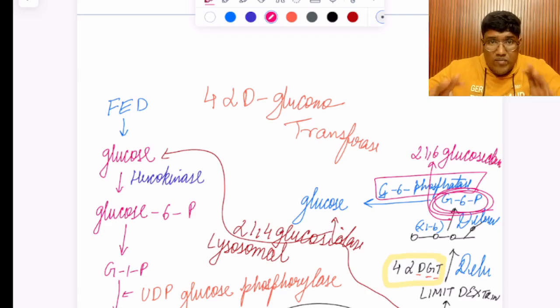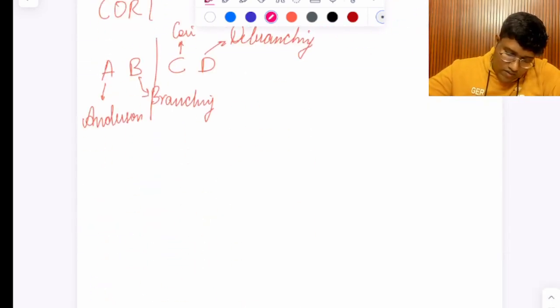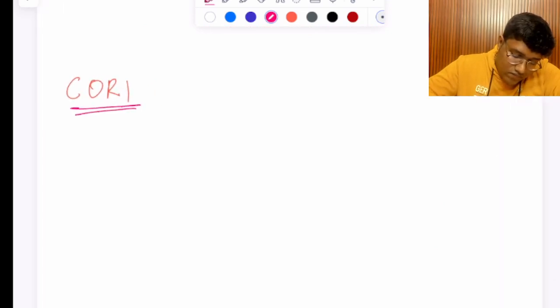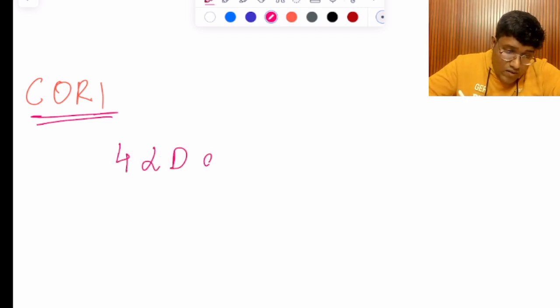These are the two debranching enzymes that are getting involved: the 4-alpha-DGT as well as alpha 1,6 glucosidase. Now we'll come to that. So we're talking about Cori's, right? So Cori's, what you need to know is these are the two enzymes. 4-alpha-D-glucanotransferase.